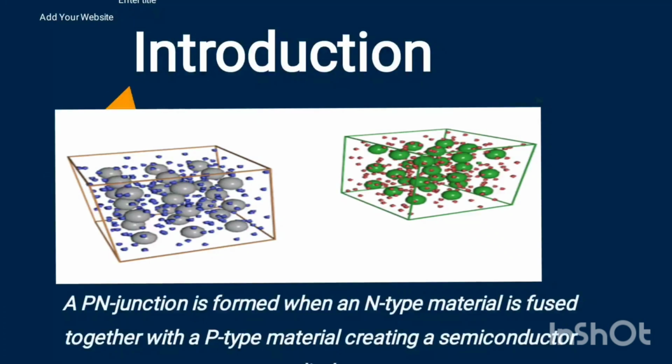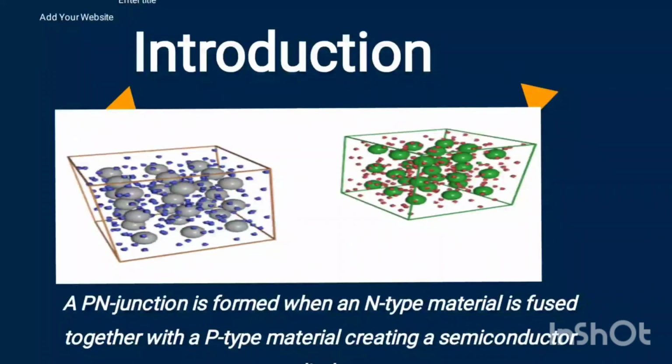So moving forward with the presentation, first you can see here a diagram in which there are two junctions. The grey section represents the P region and the green section represents the N region. I think you have studied in your chemistry section how a P type semiconductor works.